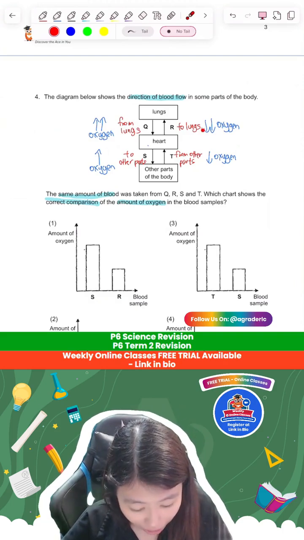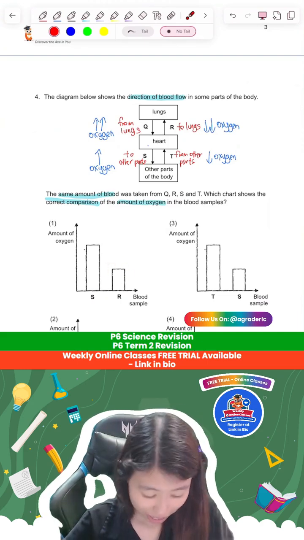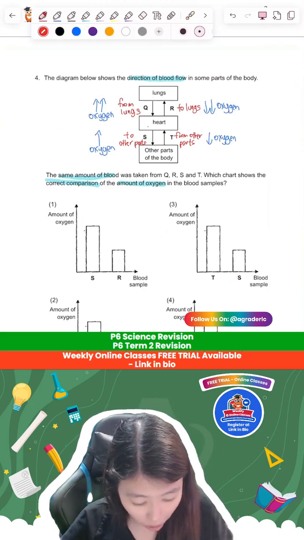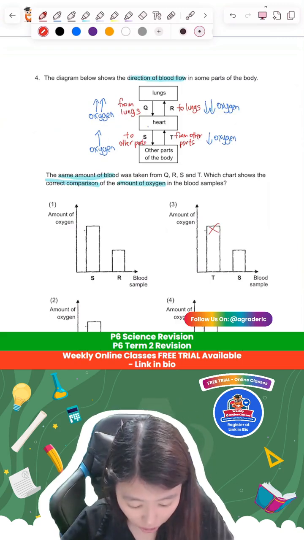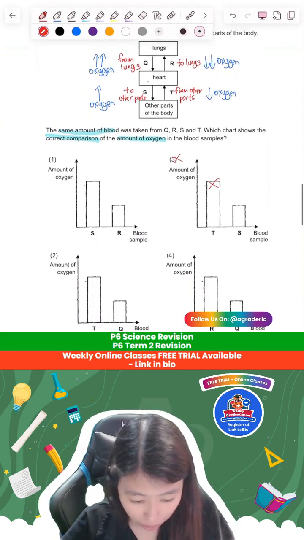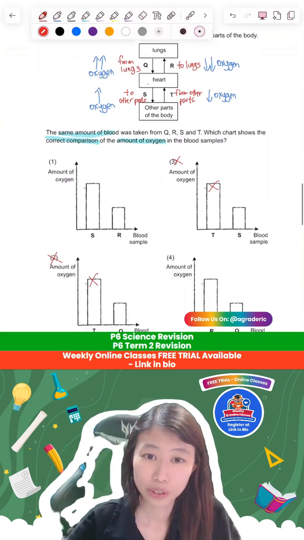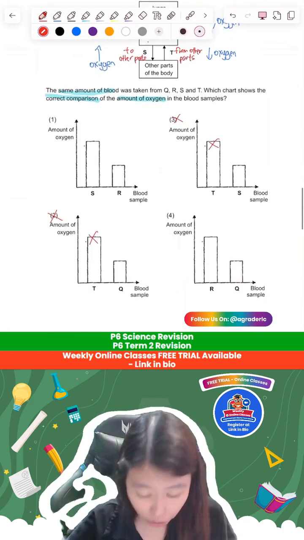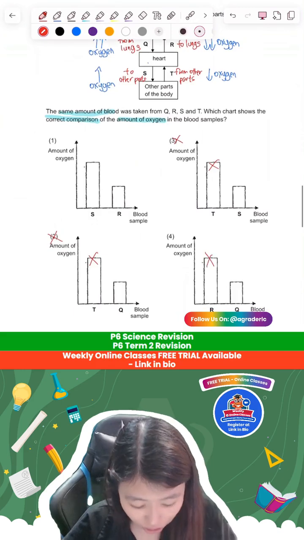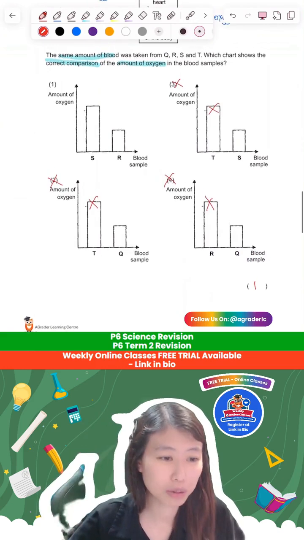R has the lowest oxygen, so S must be more than R. Option 3, T and S, is wrong, because T is not supposed to have more oxygen than S. Option 2 is also wrong because T is not supposed to have more oxygen than Q. And option 4 is also wrong because R should have the least oxygen and Q should have the most oxygen. So your answer is supposed to be number 1.